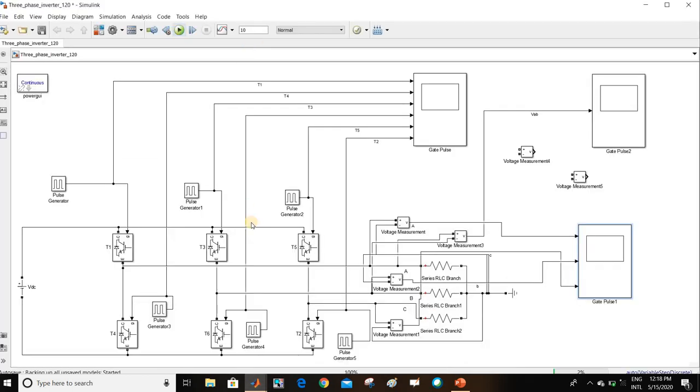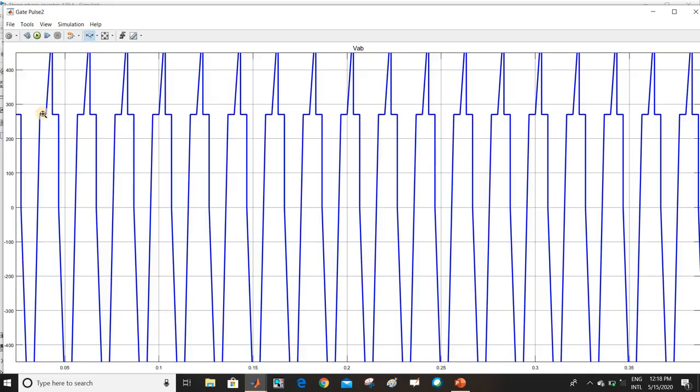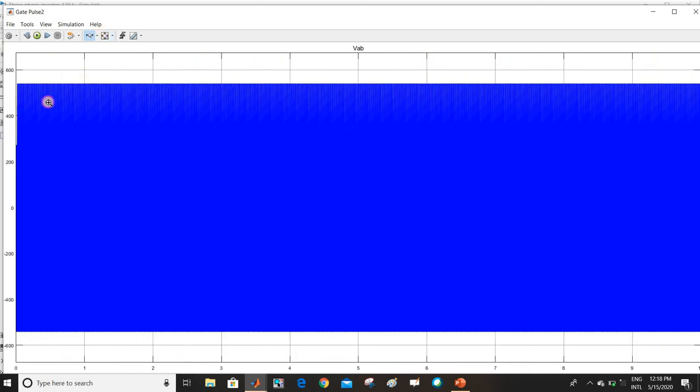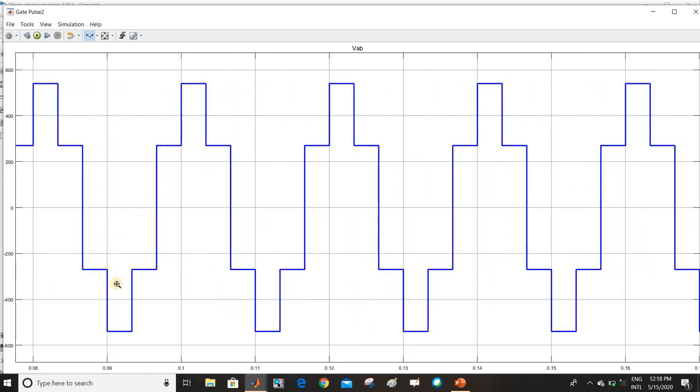So we will check it. If we press the run button, we will check whether this value is coming or not for the line. You can check, it is almost coming 540 here.